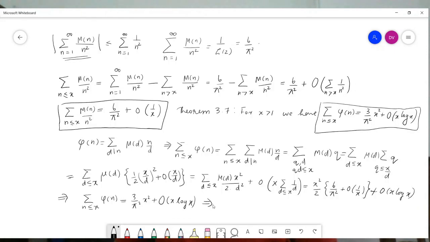As a consequence of this, the average order of phi of n is 3 by pi square n. Okay, this is what we needed to prove.